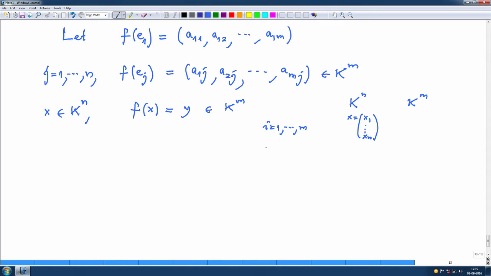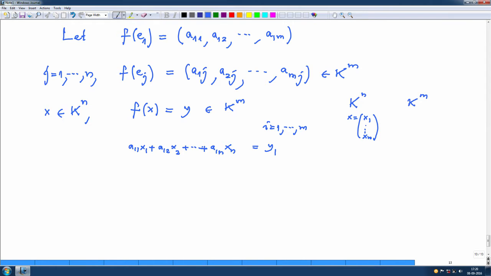What do I get here? Here I will get y1 on one side, that is the first coordinate of y with respect to the standard basis of k power m. On the other hand, it will be a11 times x1 plus a12 times x2 plus a1n times xn.